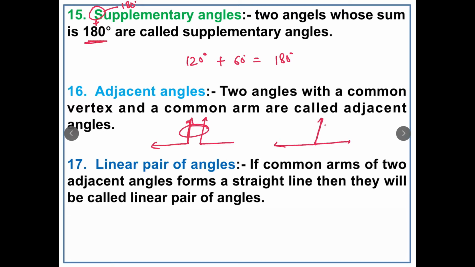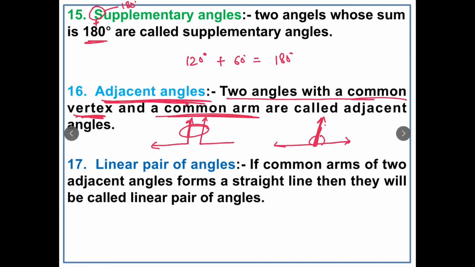Now in this case they have a common arm, so all such angles are called adjacent angles. That is, two angles with a common arm and a common vertex. This is the common vertex and this one is the common arm. So these two angles will be called adjacent angles.